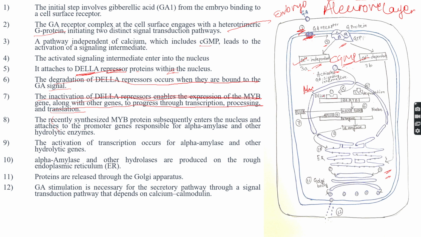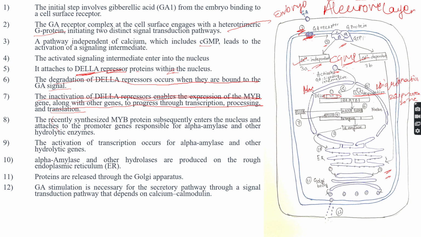So this DELLA protein is getting degraded by the GA signaling intermediate, and apart from this, it will attach with the F-box protein, and there will be degradation of DELLA through ubiquitination, where the 26S proteasome is involved. Through this, the repressor will be degraded.